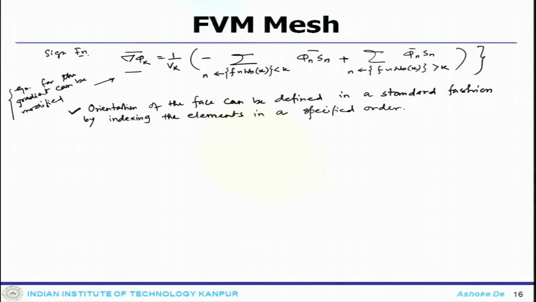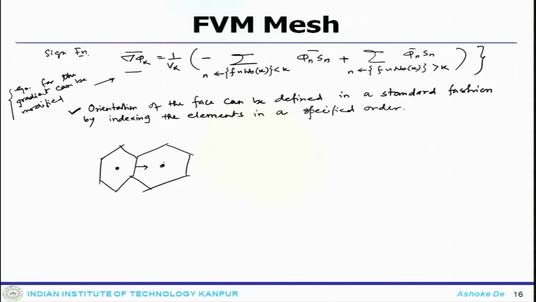Now, essentially what that does tell you, that if you have two particular element, then you need to have this orientation. One case it can go this, other case should be outward.